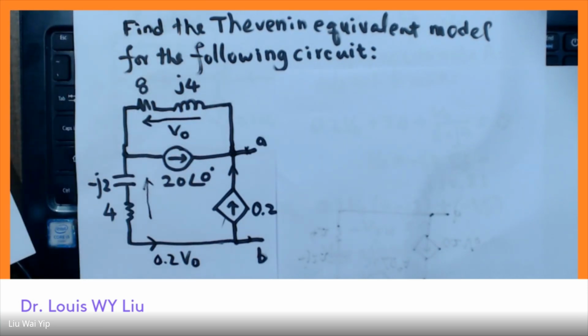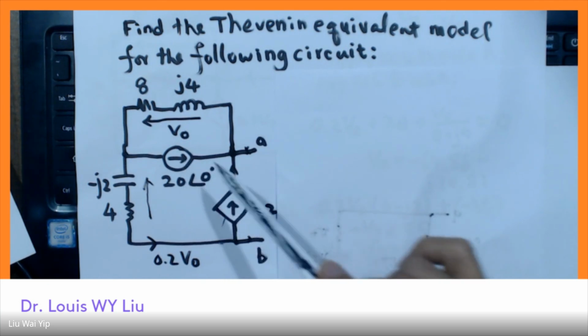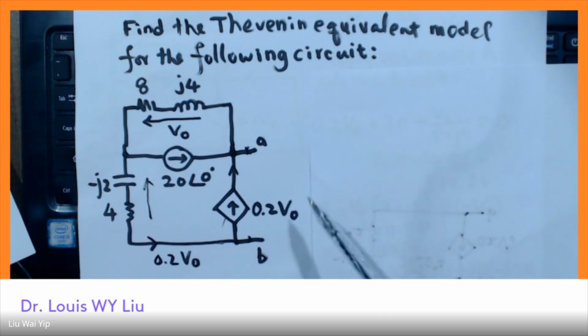So this circuit has the independent source, and it also has a dependent source. The current here is 0.2 times V naught, where V naught is this voltage.